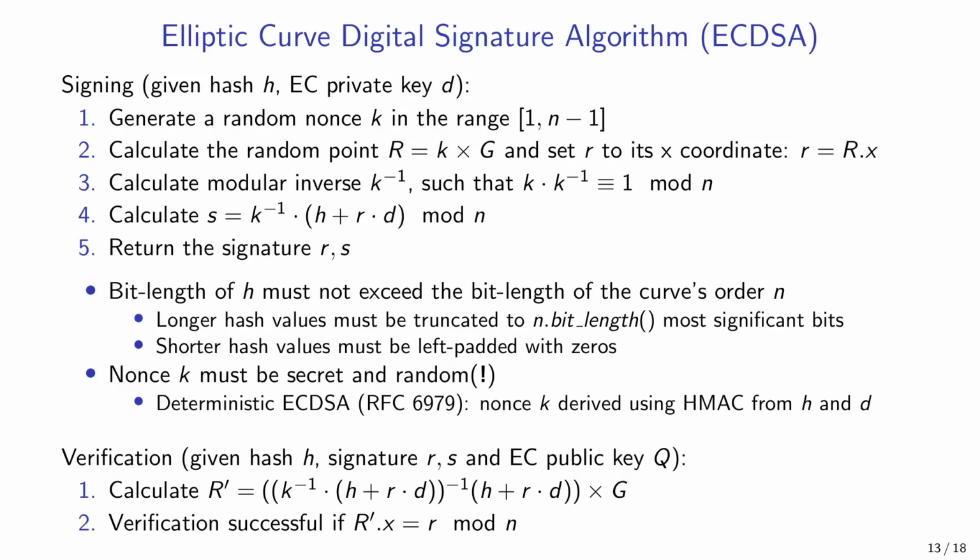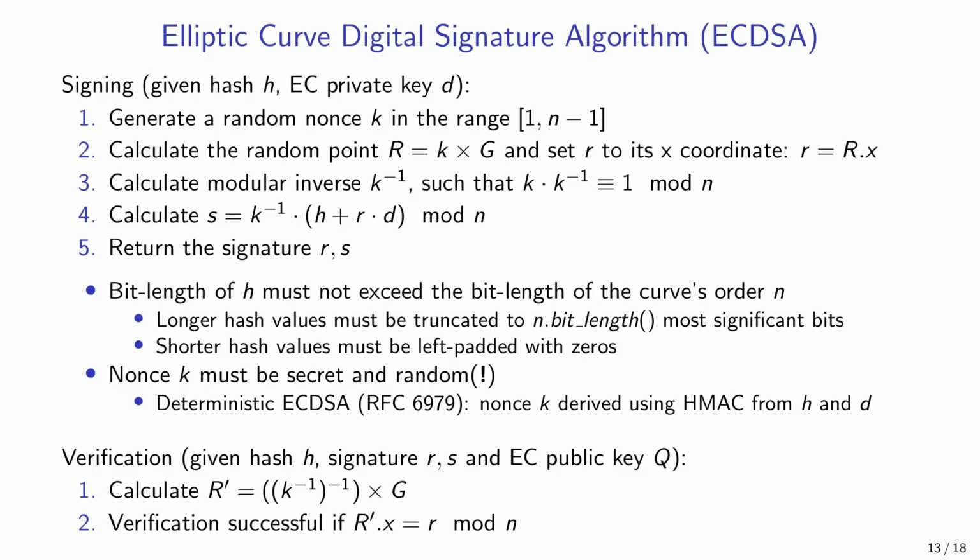Now we can open the parentheses, which means that this inverse will go here and here, like this. We know that a value multiplied with its inverse is equal to 1, so we can replace this with 1. And we are left with this.